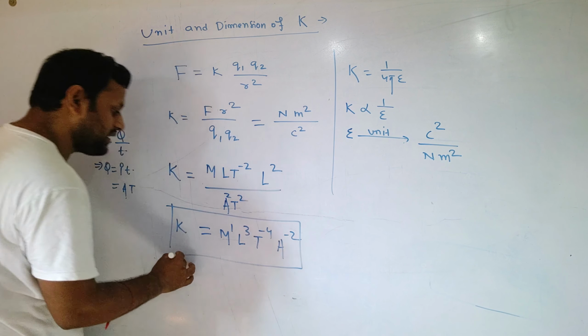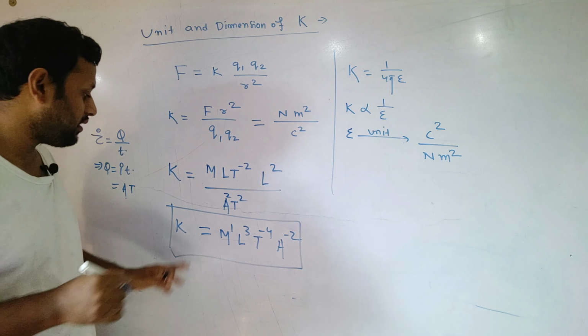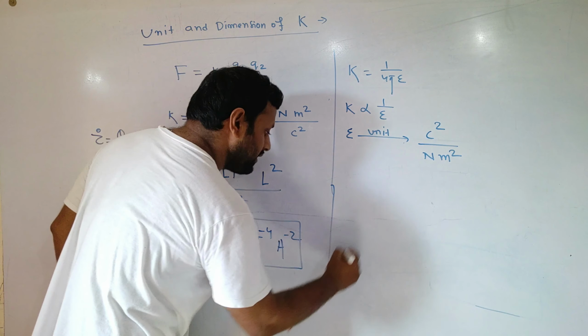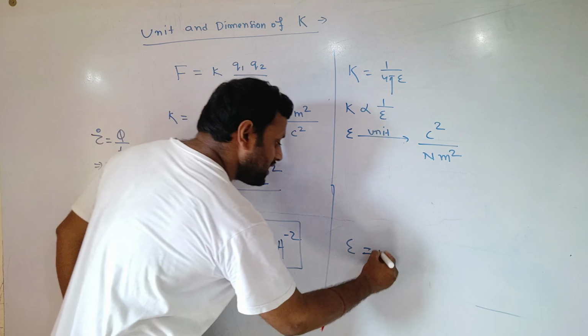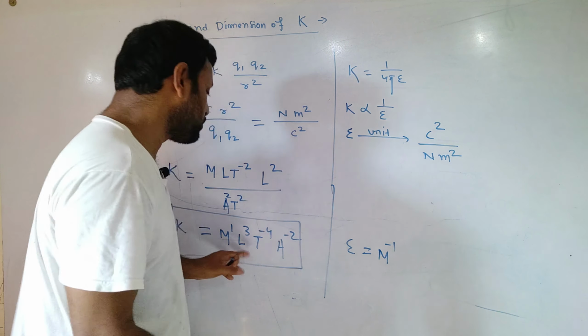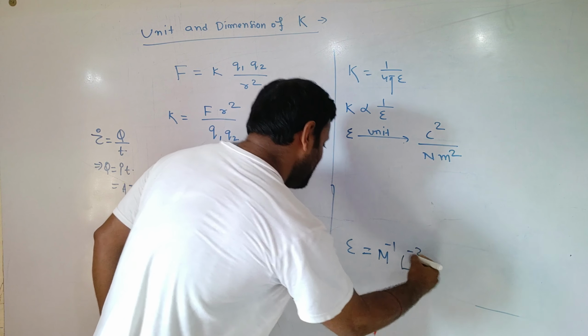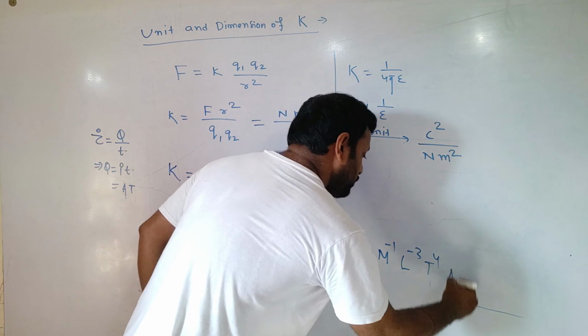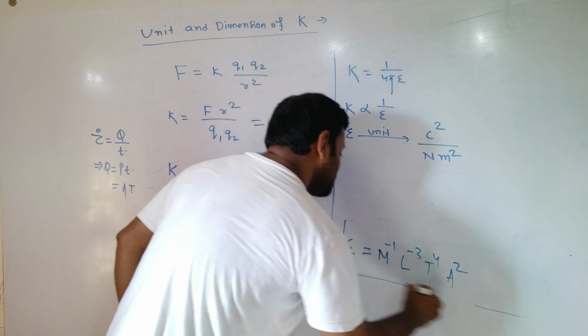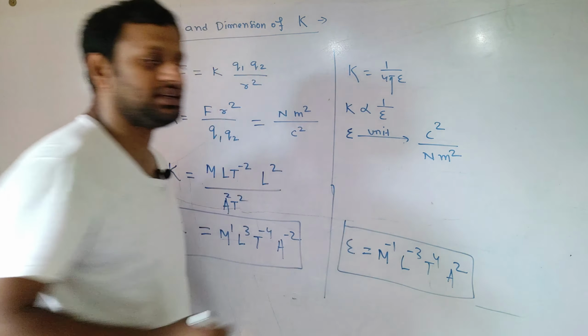So this is the dimension of K. In the same manner I can calculate the dimension of epsilon because it is simply reciprocal. So I can say it is M to the power minus 1, L to the power minus 3, T to the power 4, A to the power 2. So that is the dimension of epsilon.